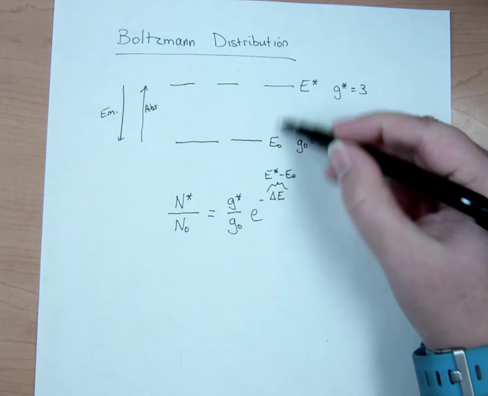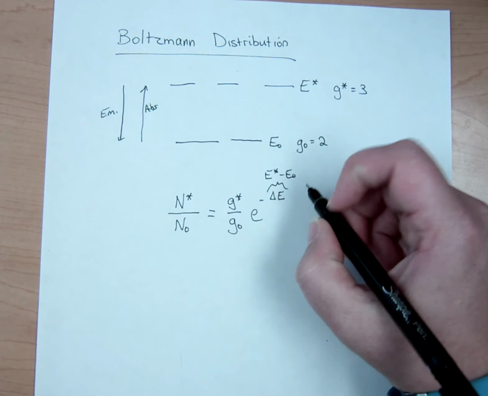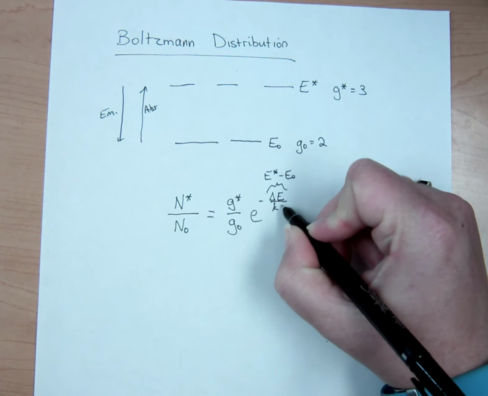So how much energy is the difference between ground and excited? And this is divided by kT.